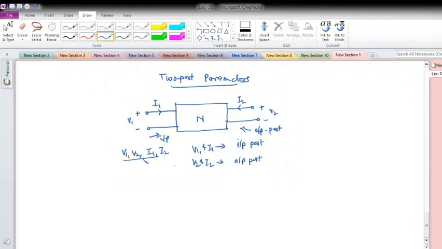Okay, so from these four variables, two variables will be independent and two variables will be dependent. So from that again we can categorize that out of these four variables, two variables will be dependent and the other two variables will be independent.